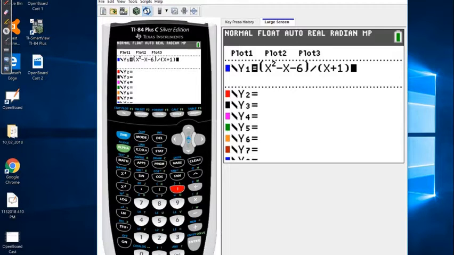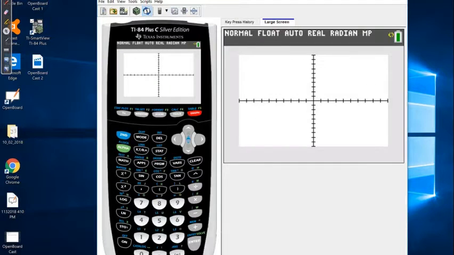When you hit graph on this, I'm going to kind of show you what it does. Now, what I would tell you is, in most cases, you look for important pieces of information that could help you out. So, for example, it looks like it crosses at the -1 on the x-axis.